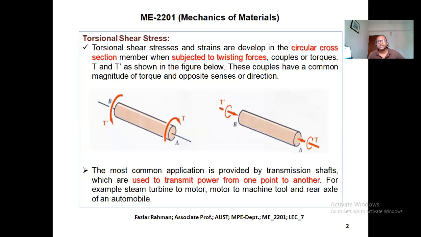So what is shear stress? Anyone? Shear stress, normally we express it by tau, equals shear force divided by area. Say I have a pencil and I am pulling it. This is not shear force because this is normal force, sigma equals F by A, that you can figure out.